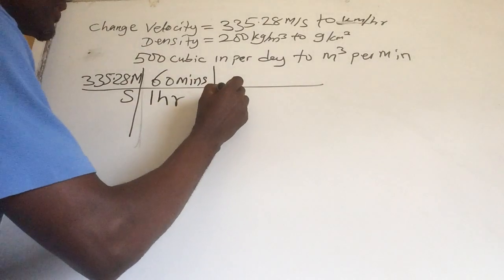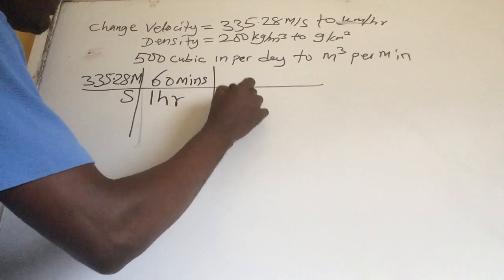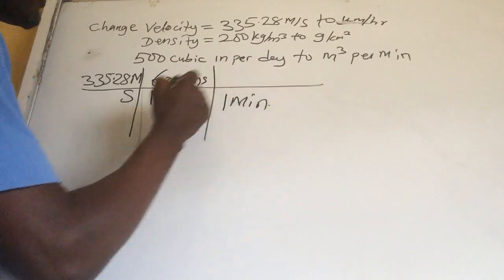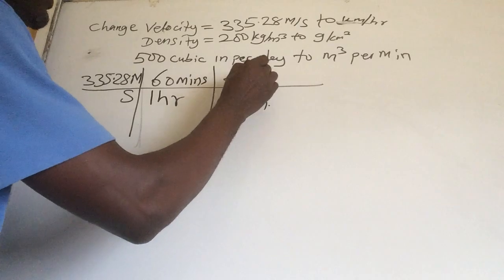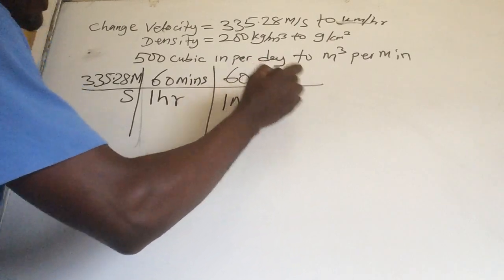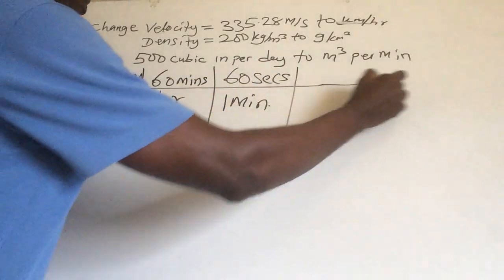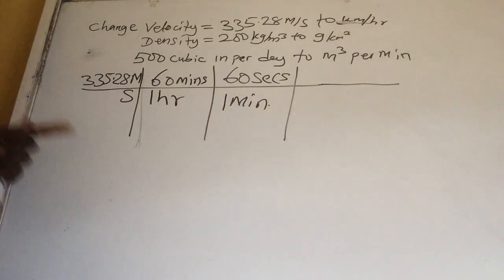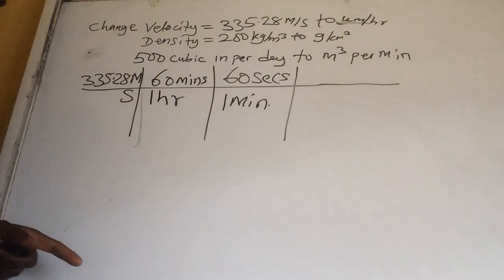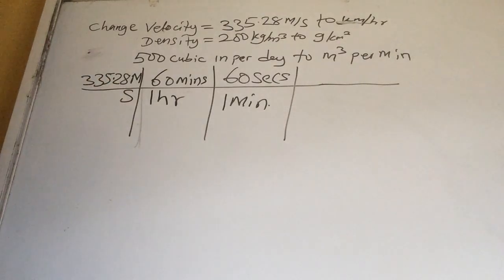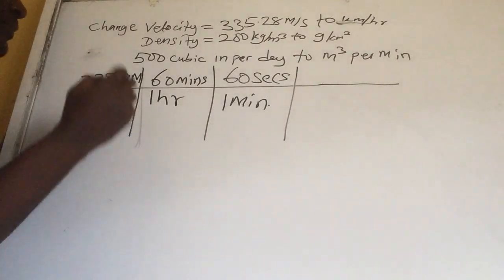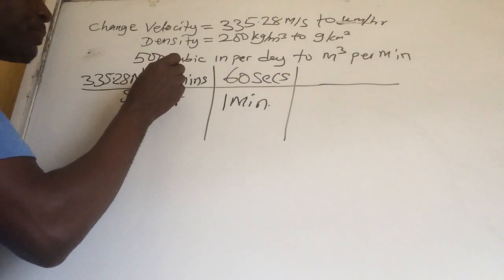Now, 1 minute is 60 seconds. Can you see that, in terms of cancelling, I don't need minutes at all?